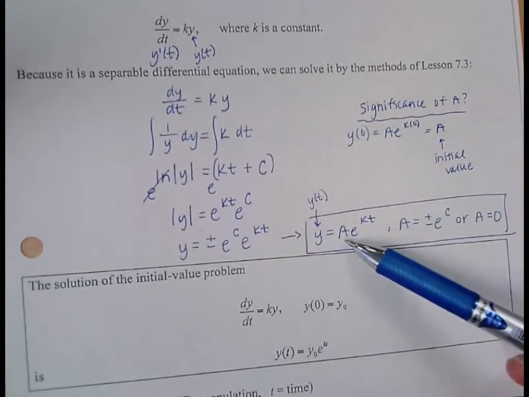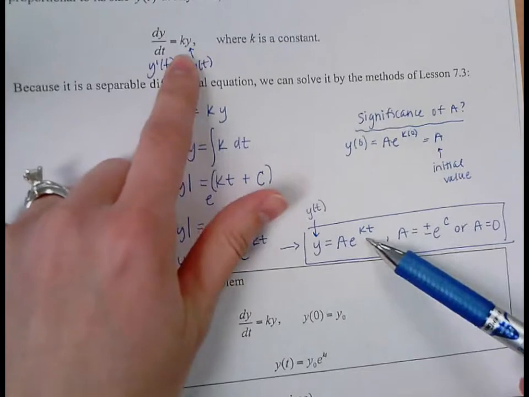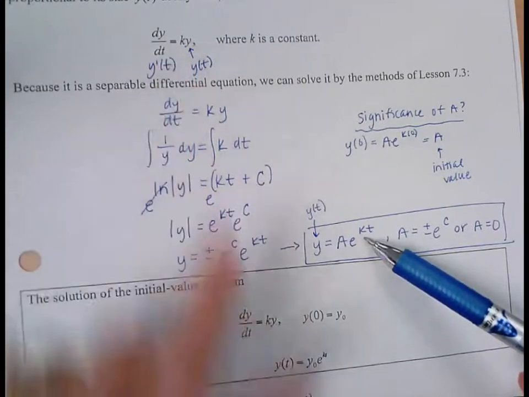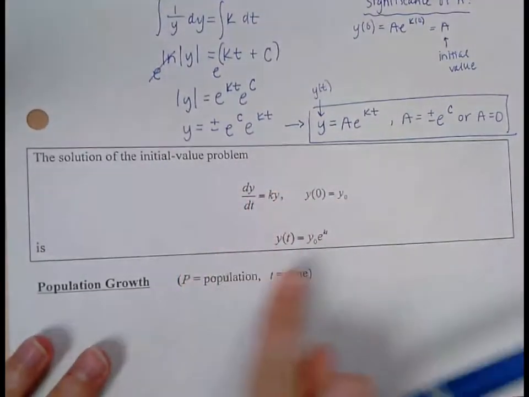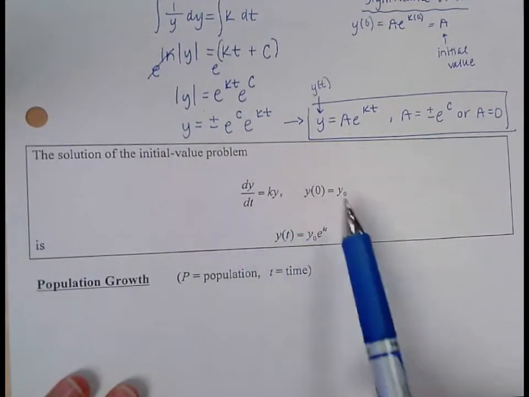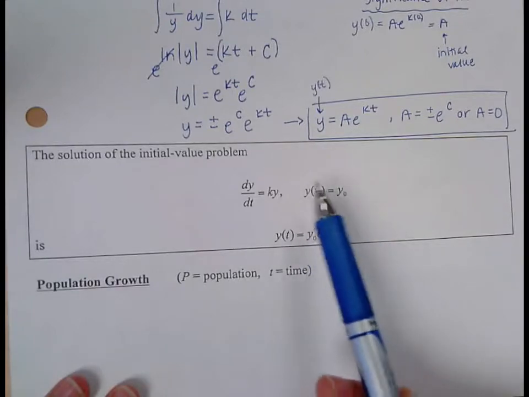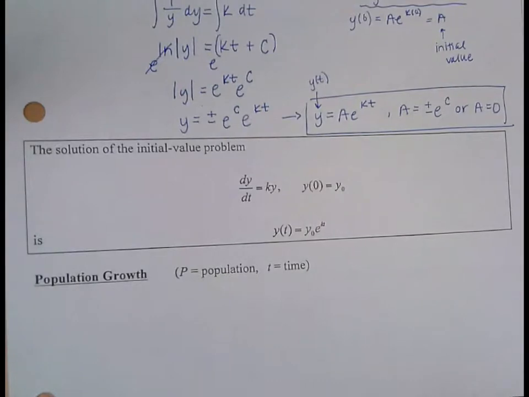So you would just need to know the initial value, and you would need to know k, which, if you were given the differential equation, you would know from there. So it would always be in this form. That's what's explained down here, that solution of the initial value problem, where this is your differential equation, this is your initial condition. The solution is always in this form.